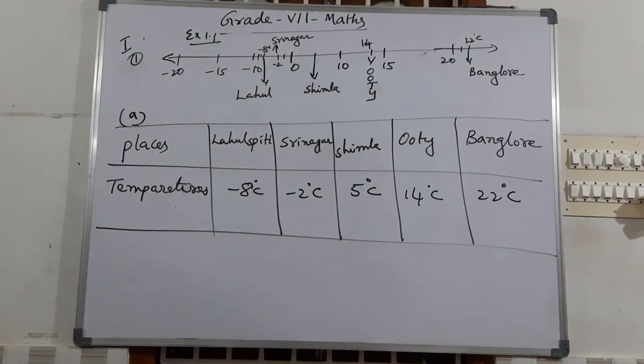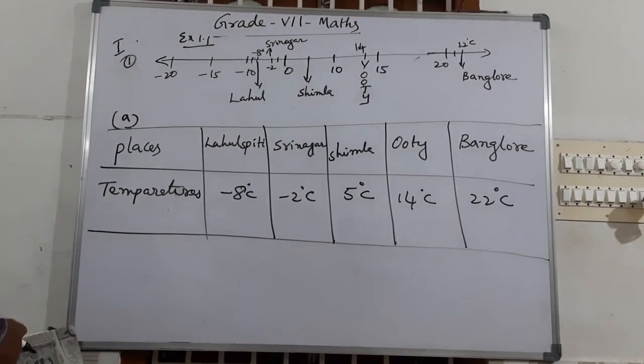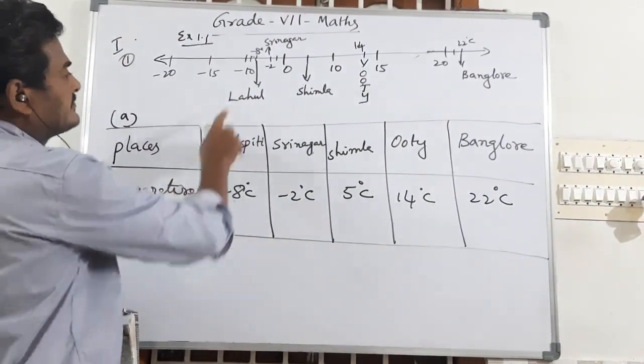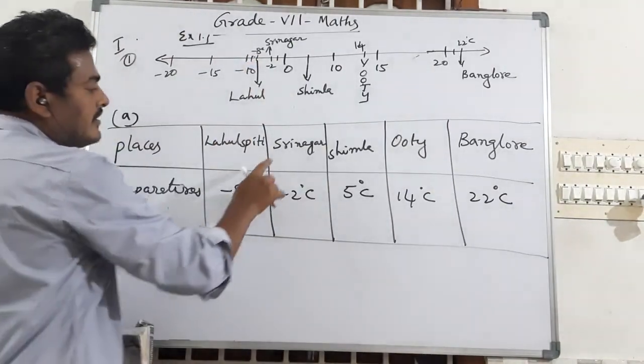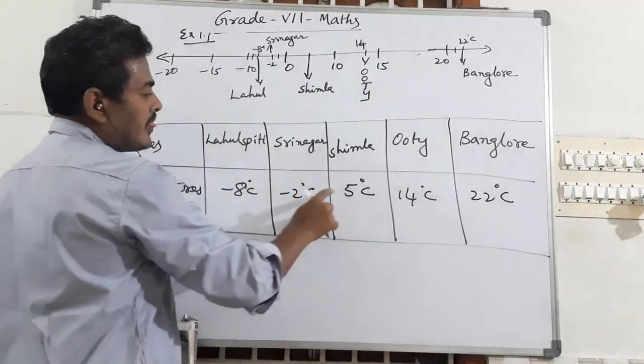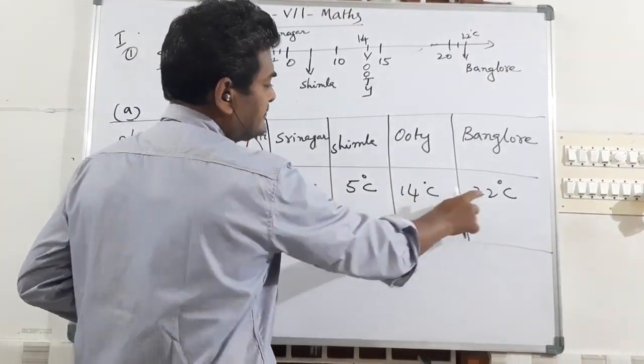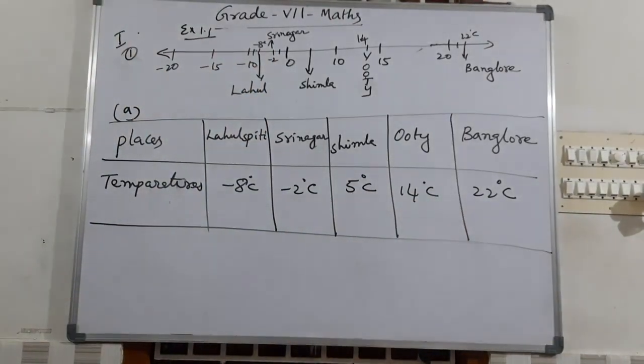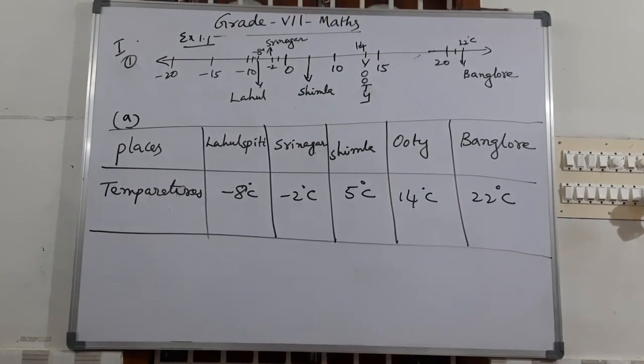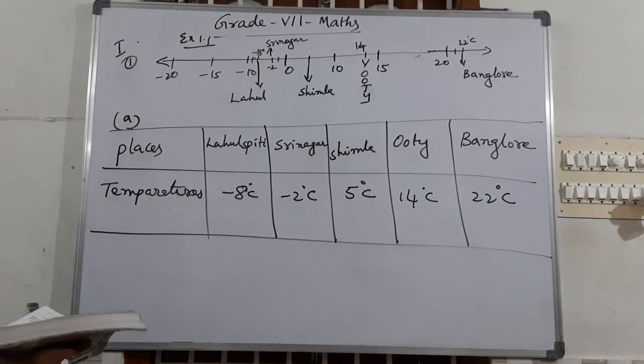So after seeing the table, we can observe Lahul Spiti minus 8, Srinagar minus 2, Shimla 5, Ooty 14, Bangalore 22. By using this table, this is the answer for the first question.